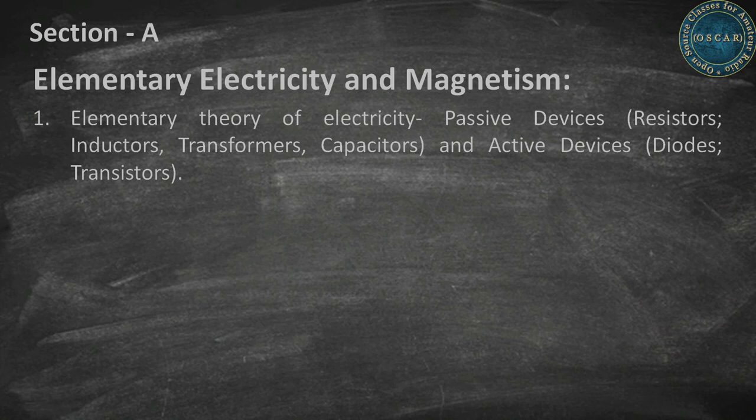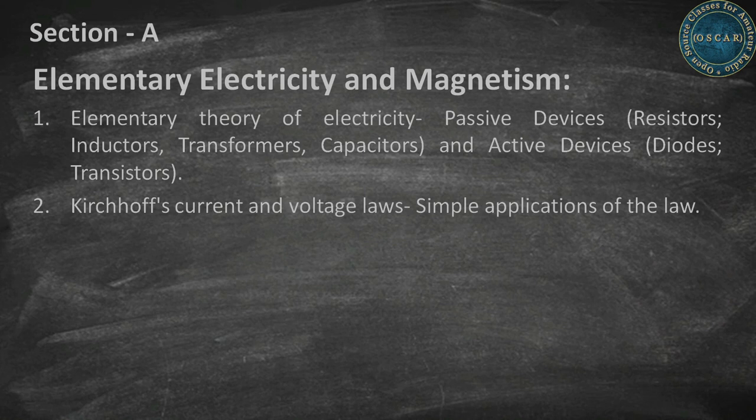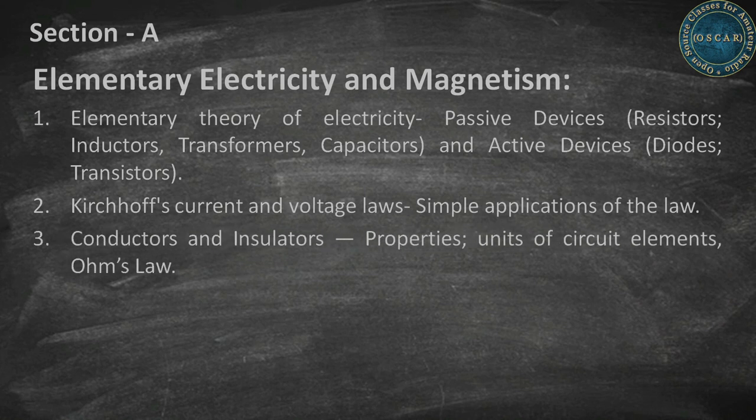Elementary theory of electricity, passive devices like resistors, inductors, transformers and capacitors, and active devices like diodes and transistors. You will also need to know Kirchhoff's current and voltage laws, simple application of the law. Conductors and insulators. You have to learn the properties, units of circuit elements, Ohm's law.